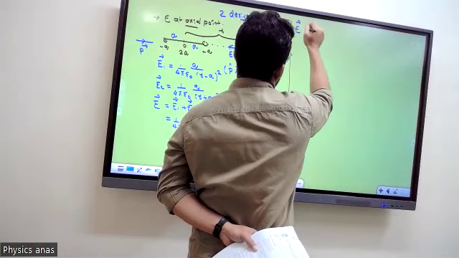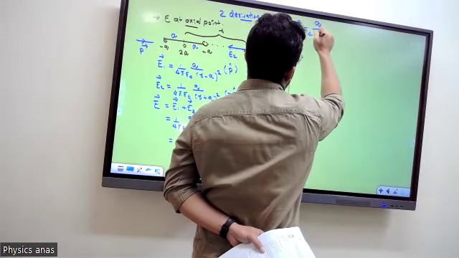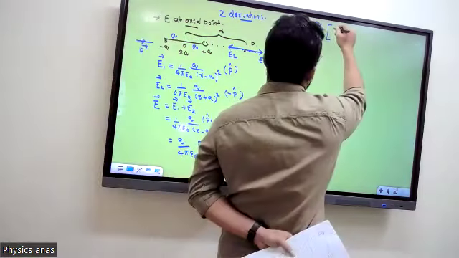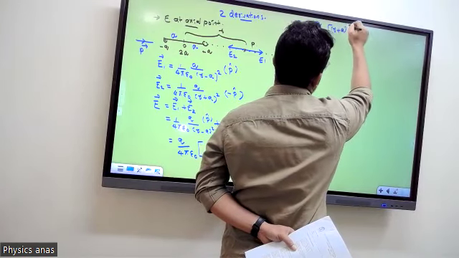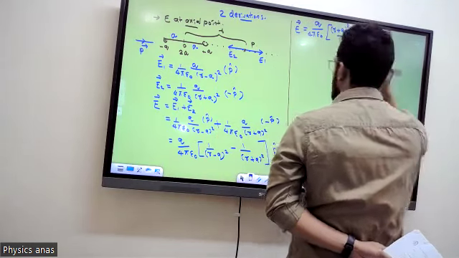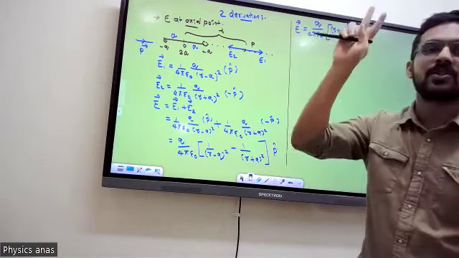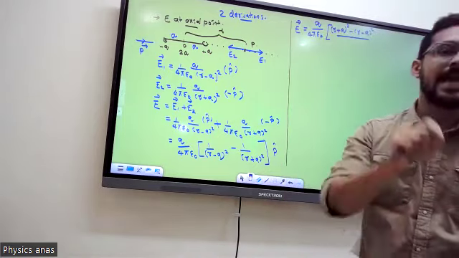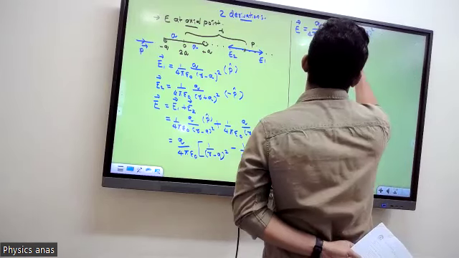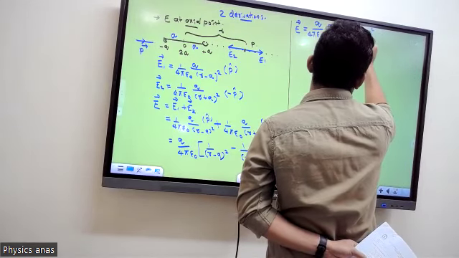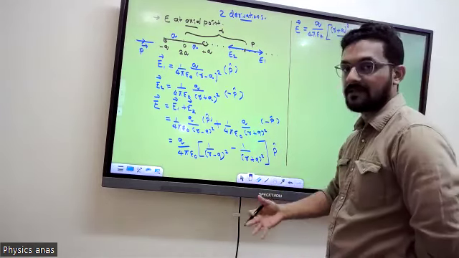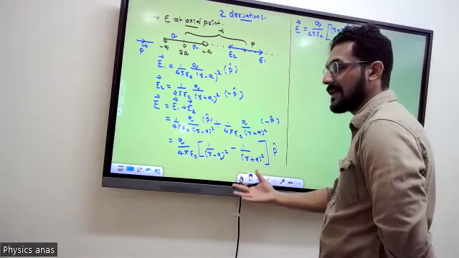The net electric field E will be Q by 4 pi epsilon naught. Inside the bracket, you cross multiply: (R plus A) the whole square minus (R minus A) the whole square, divided by (R plus A) into (R minus A), the whole square. A plus B into A minus B is A square minus B square, so (R plus A) into (R minus A) is R square minus A square.